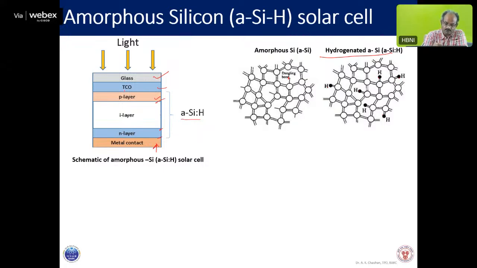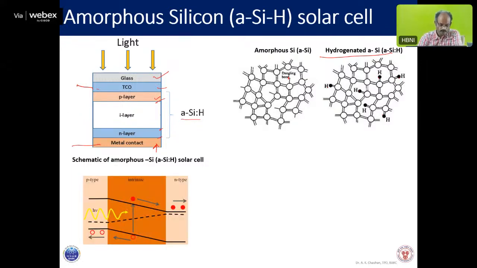Light falls from this side, and the contacts are made between this TCO and this metal contact. So this is the typical structure.